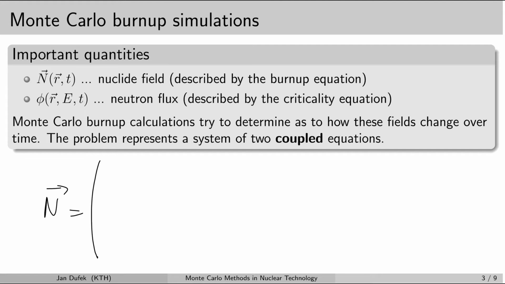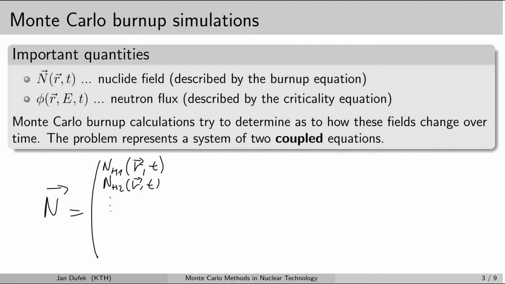So for instance, the first element may represent the atomic concentration of hydrogen-1, and this concentration is dependent on the location in the system and time, right? The second element may be, for instance, deuterium, so that's hydrogen-2. Again, it's dependent on the location and time, and so on.